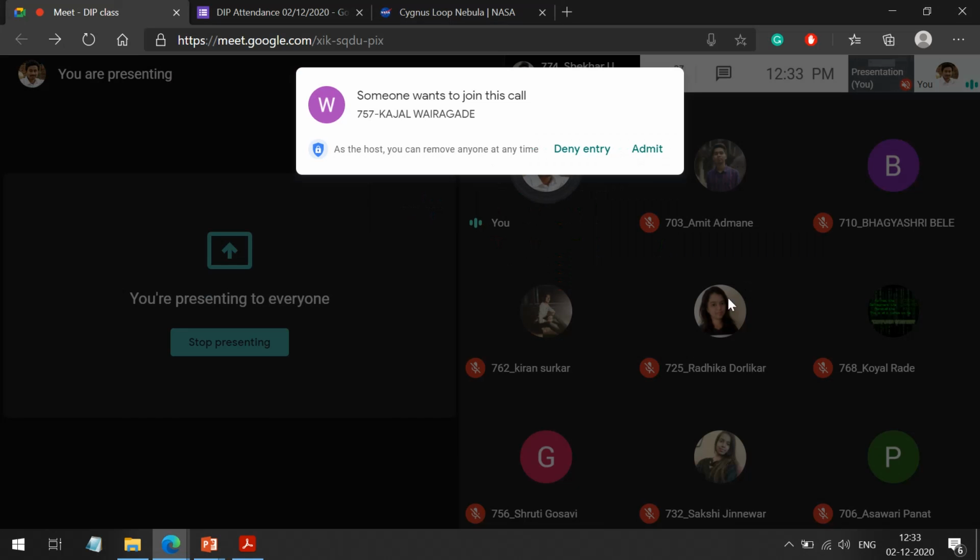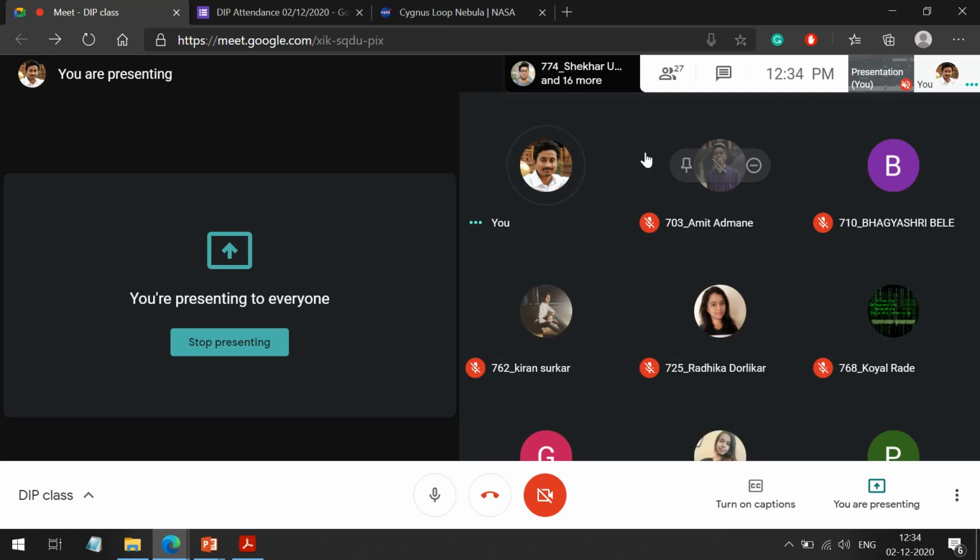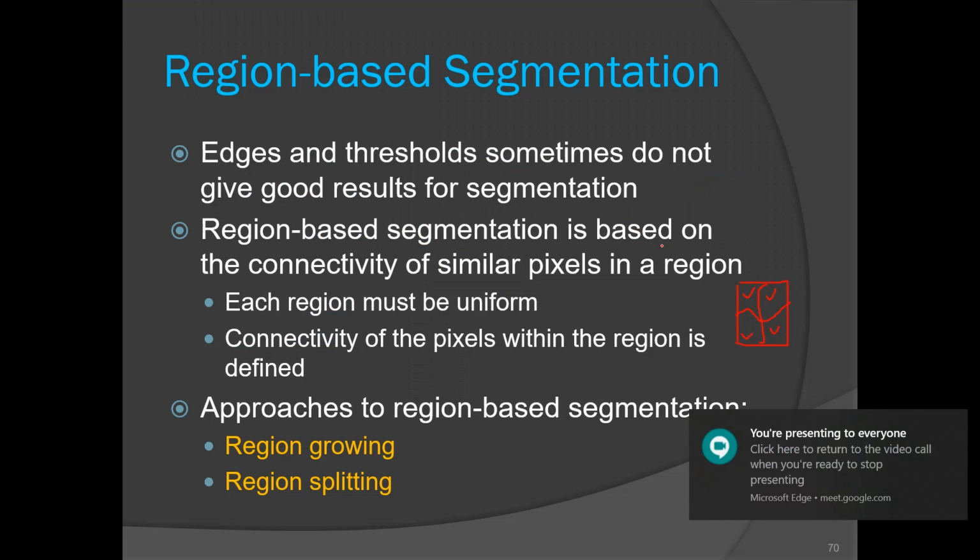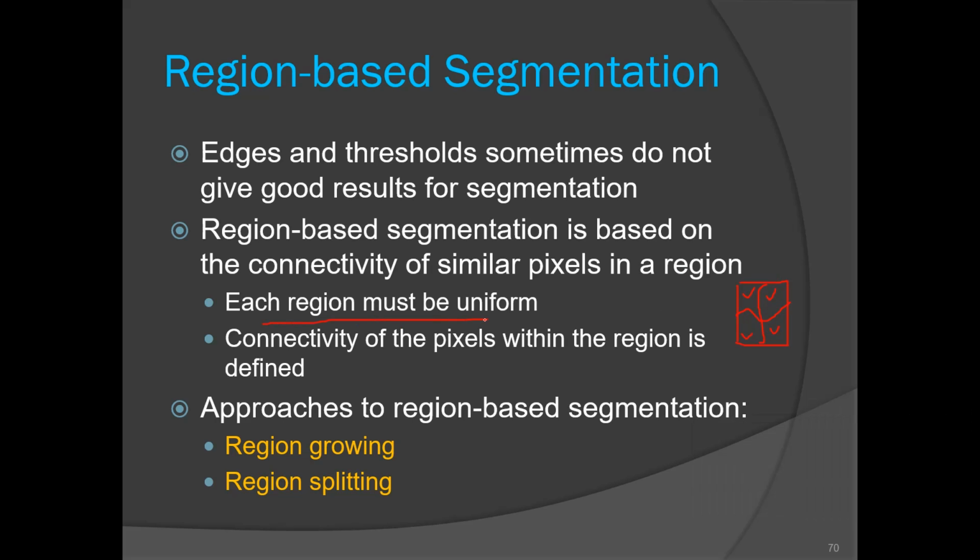You can talk about intensity levels, texture or color. Each region must be uniform, and connectivity of the pixels within the region is defined. We have seen different adjacencies like 8-adjacency, 4-adjacency, and d-adjacency, so we have to define the connectivity.